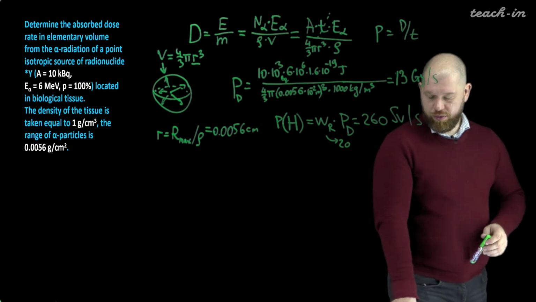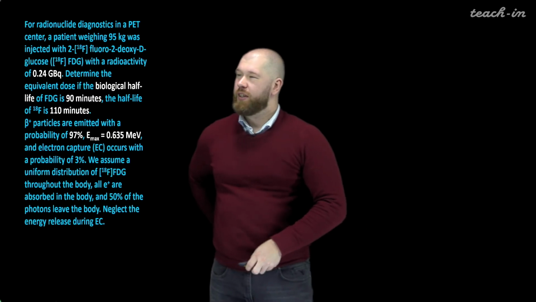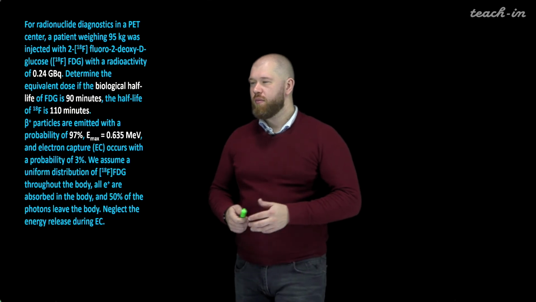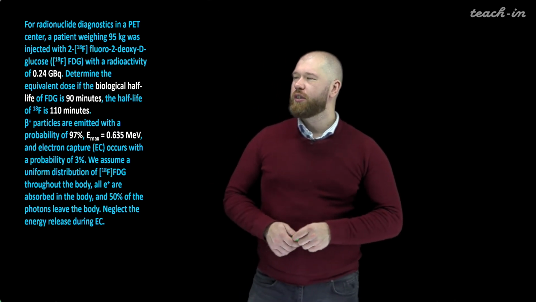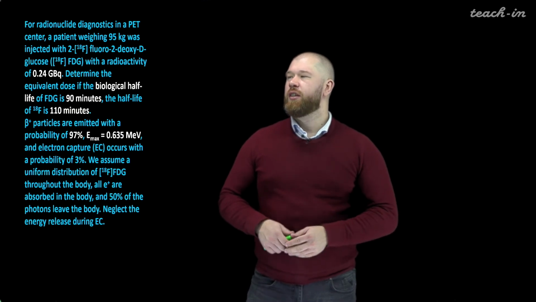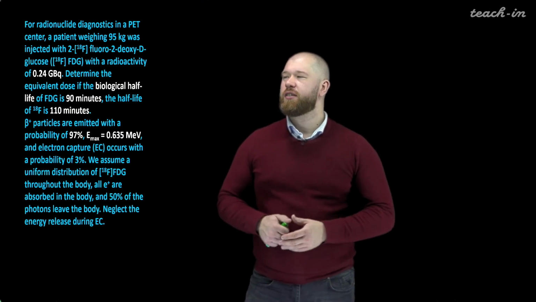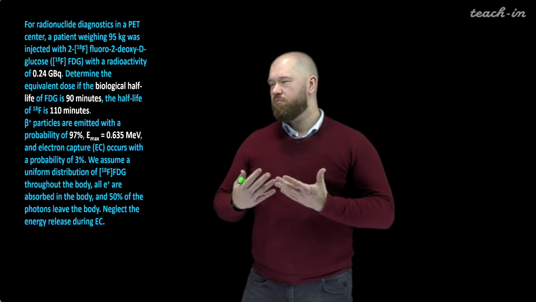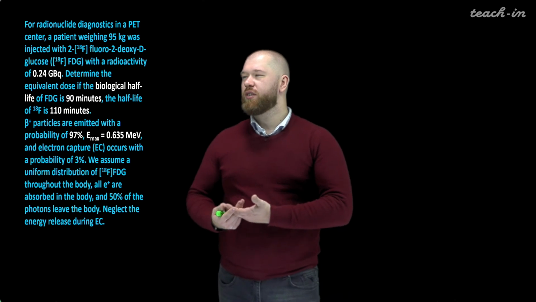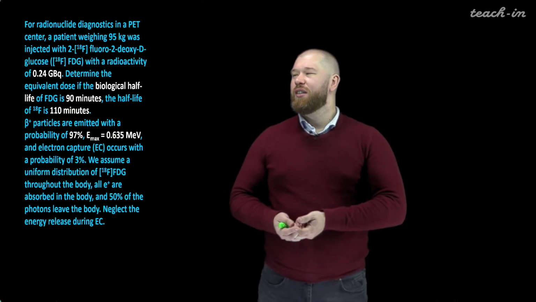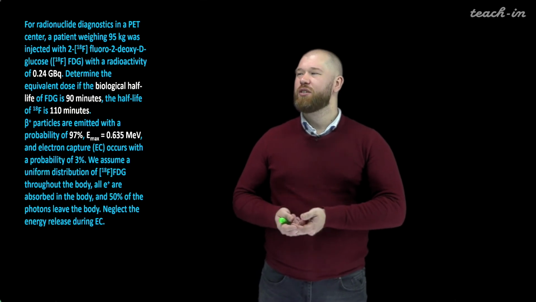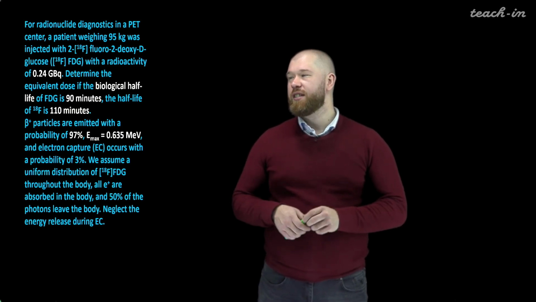So let's go further. The next task is also related to the internal radiation dose that is created inside the human body, but in this case we put the radiation source for treatment, for diagnosis of cancer disease.